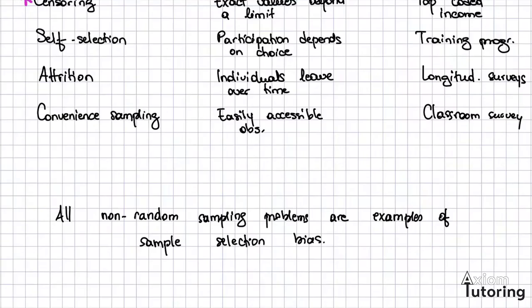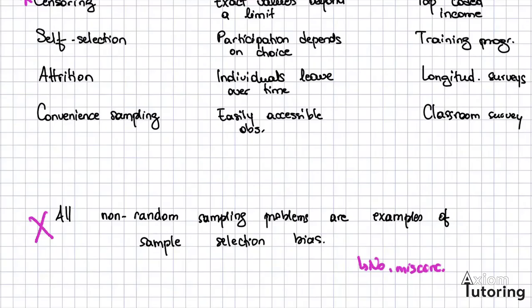Okay, so this is a misconception. As we saw, sample selection bias is just one specific form of non-random sampling. We've got truncation, censoring, and so on, okay?